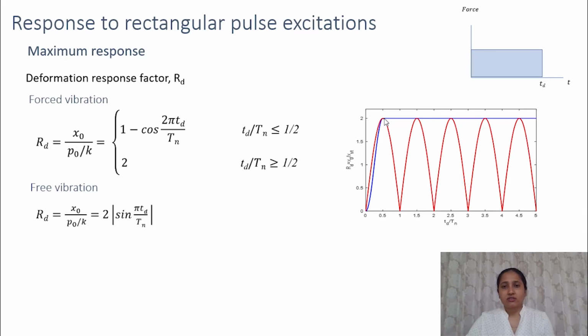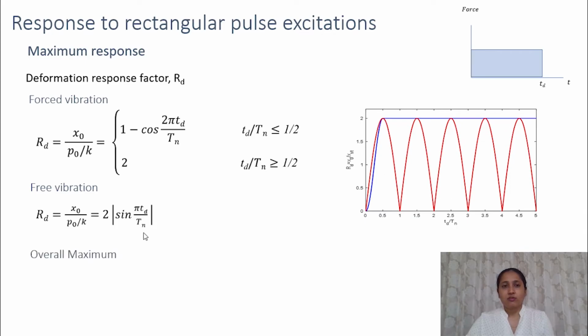So after Td by Tn is equal to half, that is if Td by Tn is more than half, then the maximum amplitude will be 2 irrespective of the value of the Td by Tn. So this plot gives Rd versus Td by Tn. So we can find the value of Rd for any value of Td by Tn using this.